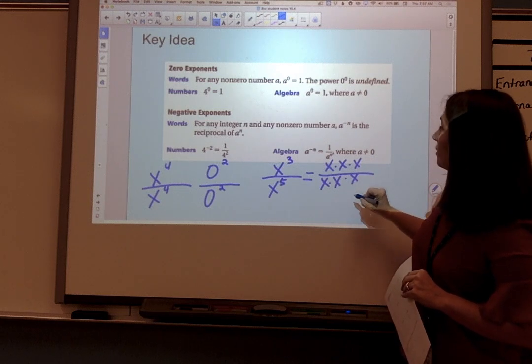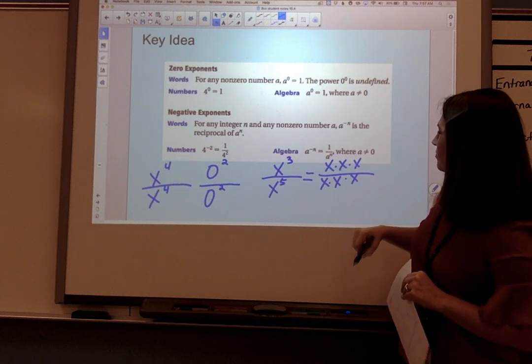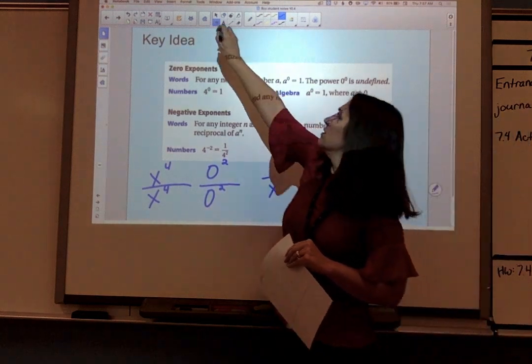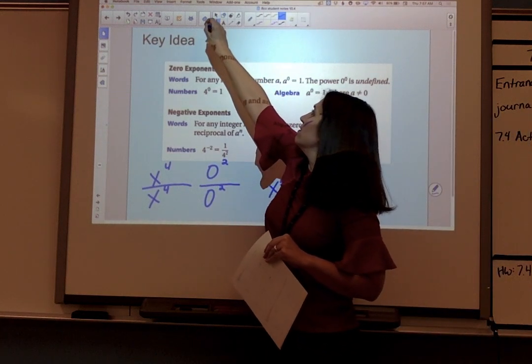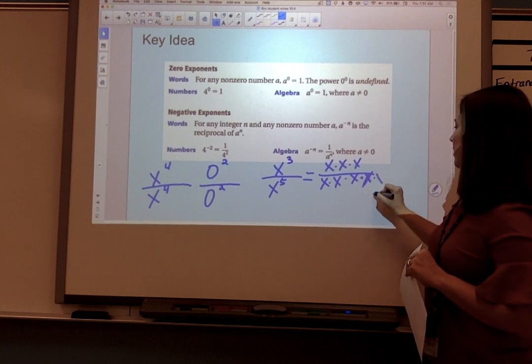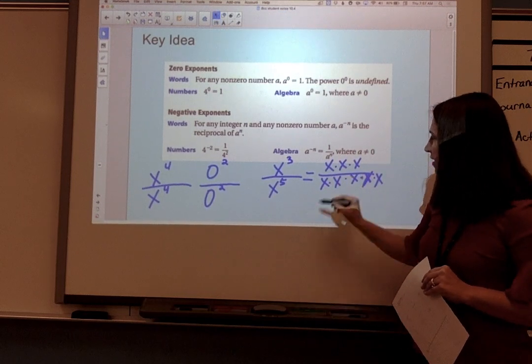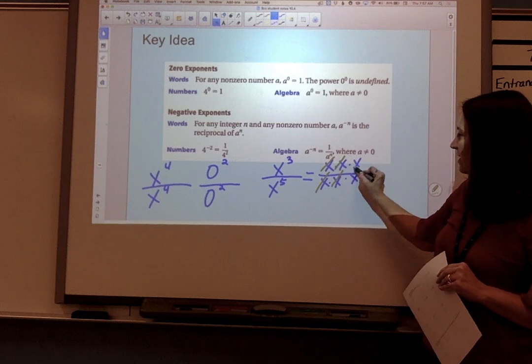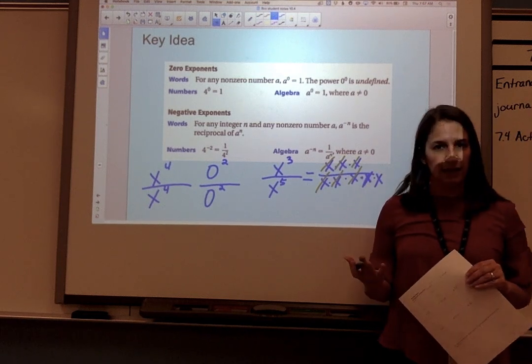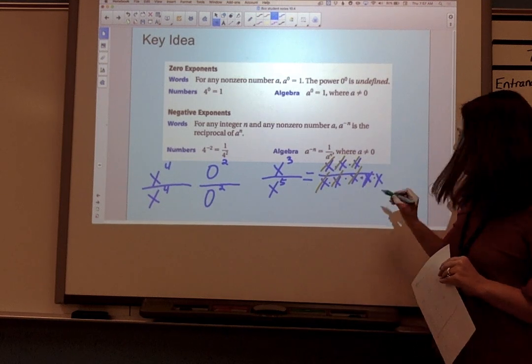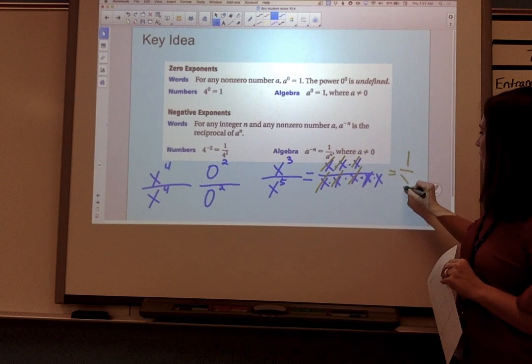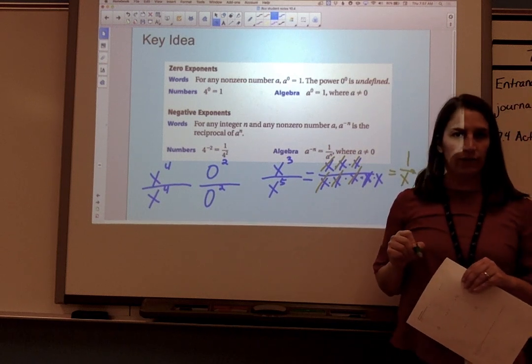Oops, what's going on? Let's see if I can get this fixed. There we go. And as we simplify that, we could cross off x divided by x 3 times, because anything divided by itself is 1, and we're left with 1 over x squared.